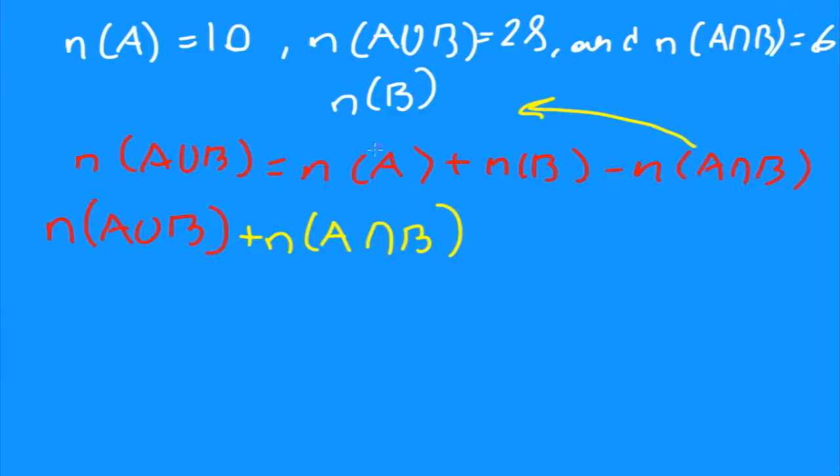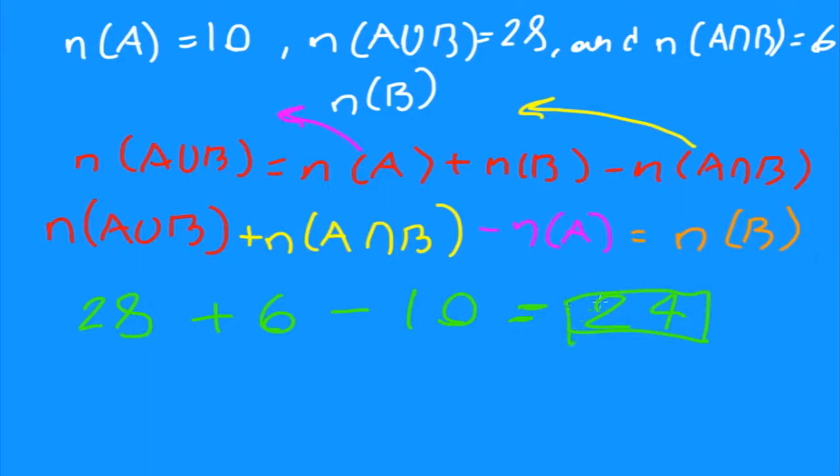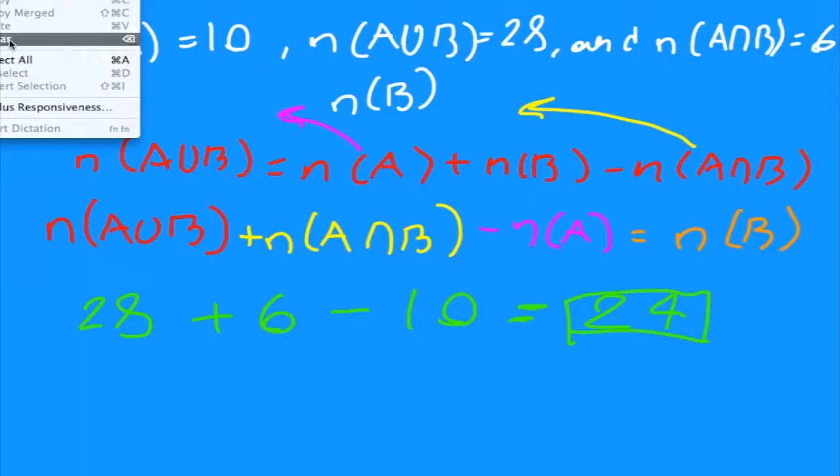And then we're going to move our A to the other side, and it's going to turn into a negative n(A), and that would be equal to our n(B). So now we can get our answer for this. It would be 28 plus 6 minus 10. And that would be equal to 24.